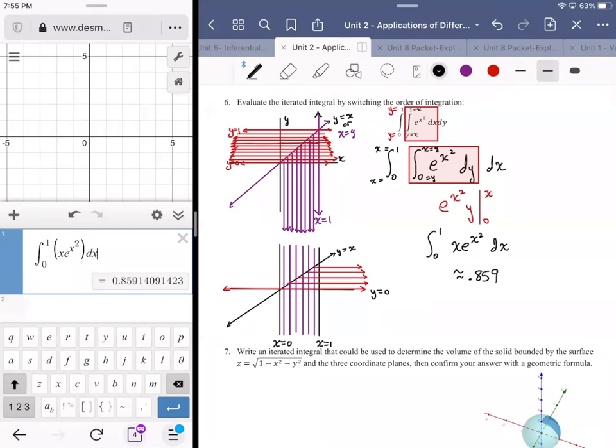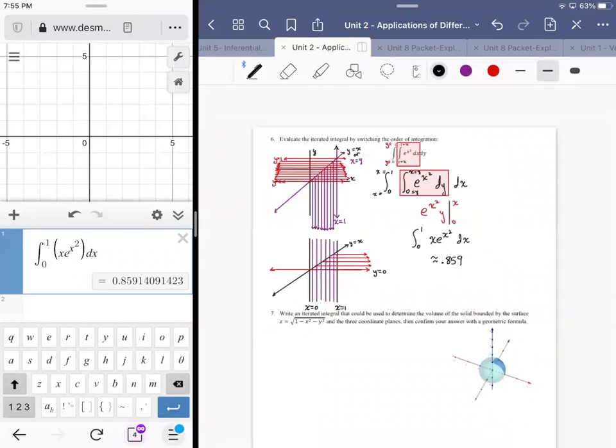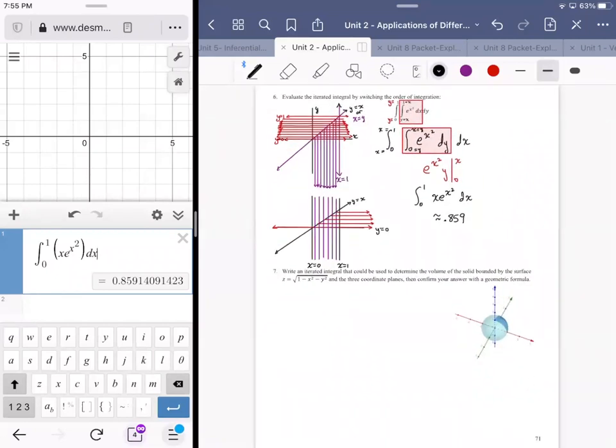Because x could be anything, but if we're restricting it to only instances where x and y are the same, that puts it on the line, right? And we only care about the relevant part of the line based off of the restrictions for y that go from 0 to 1. So that brought it below the line rather than above the line, right? So like I said, that's where we're ending the unit.